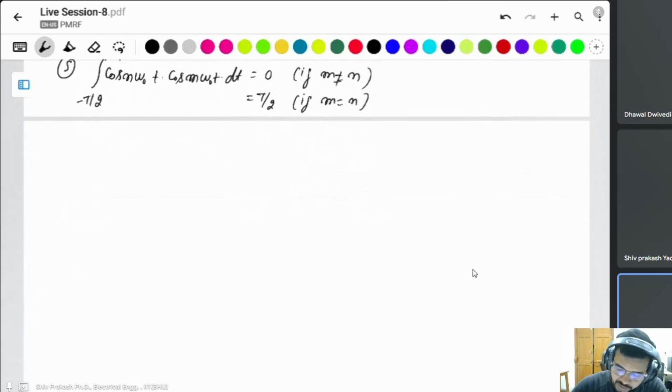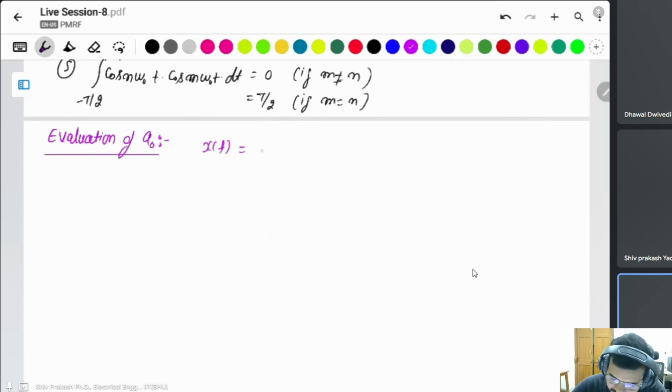Next is how to find a naught. Evaluation of a naught. We know x(t) is equal to a naught plus summation of n equal to 1 to infinity of a n cos n omega naught t plus b n sin n omega naught t.